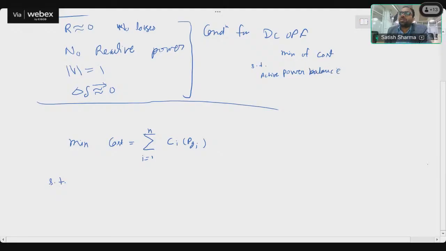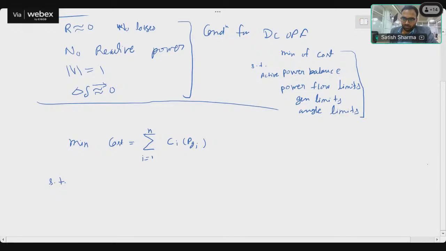We had the active power balance equation, power flow limits, and then generation limits and angle limit. So this was the DCOPF. We'll also follow the same thing for ACOPF as well.